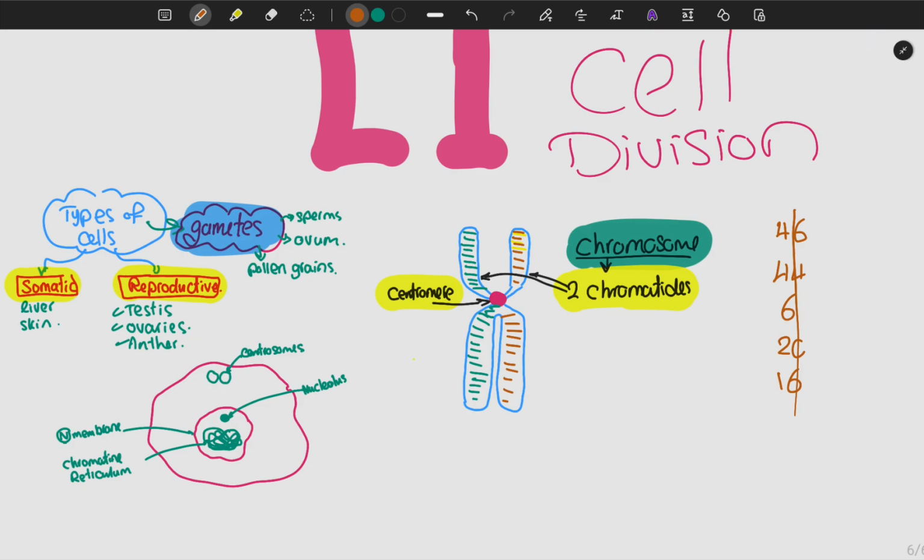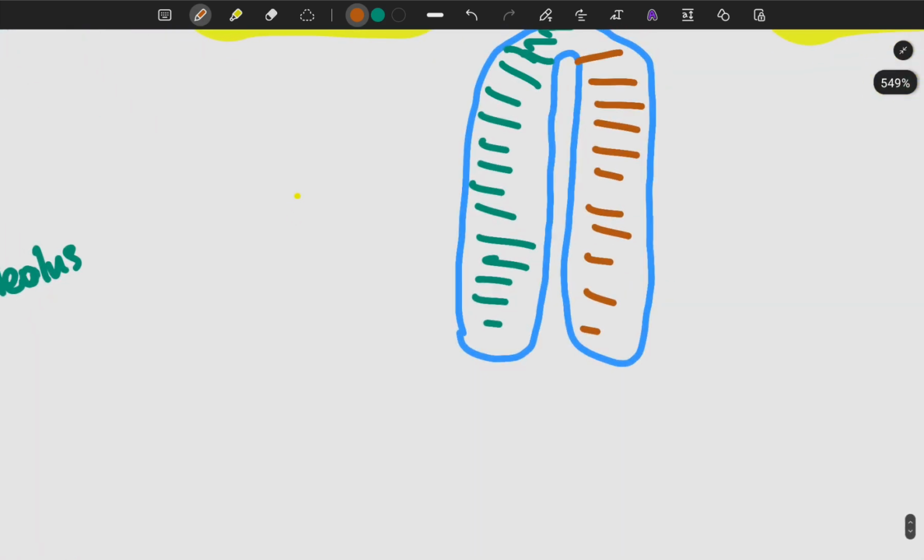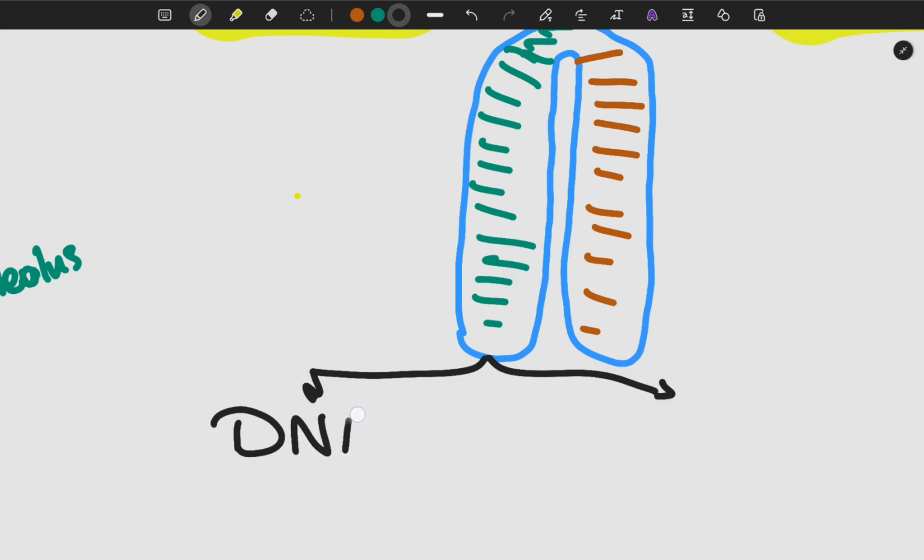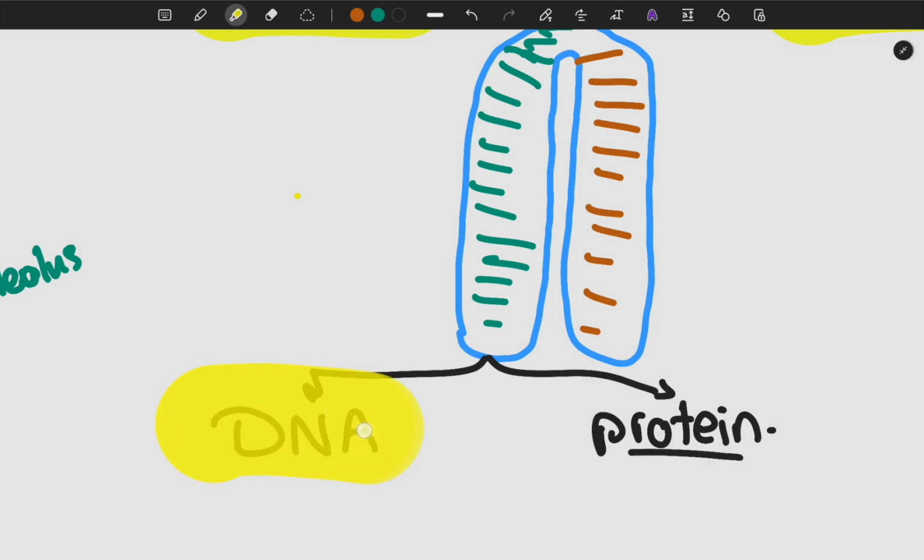Okay, let's zoom in on this chromosome. We can see that this chromosome consists of two main things. The first thing is called DNA. Is there a difference between DNA and the chromosome? Of course there is a difference. DNA, and we also have something called protein. Of course you heard about protein. So we have DNA and protein.